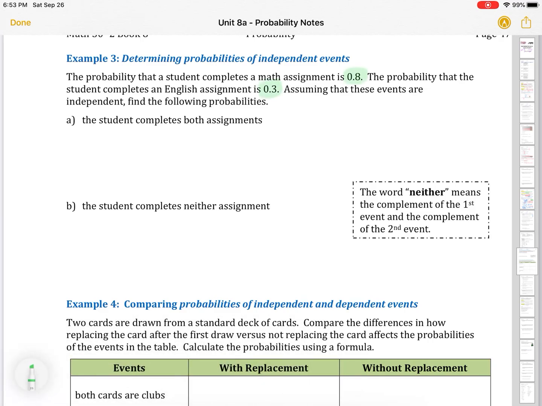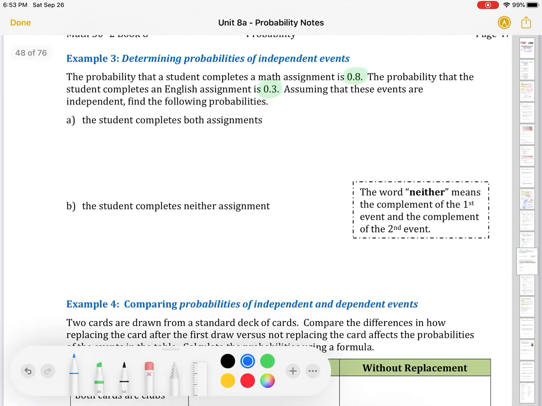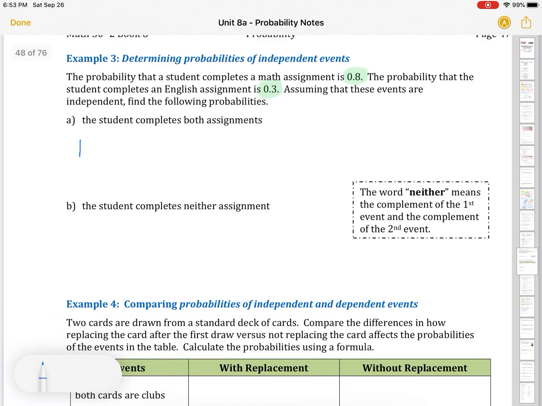Example 3, determining probabilities of independent events. The probability that a student completes a math assignment is 0.8. The probability that the student completes an English assignment is 0.3. Obviously likes math better because that's 80% and only 30% with the English. Assuming that these events are independent, find the following probabilities.